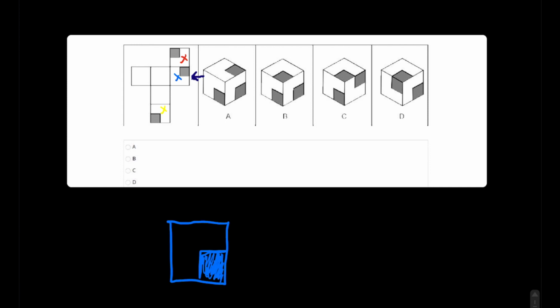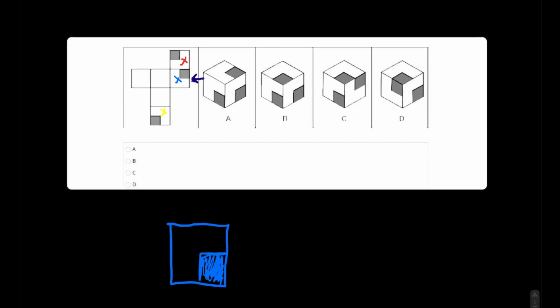But when you fold this, I'm drawing in the red square here. The red square is actually going to be shaded on the top right here. Okay, and hopefully that makes sense to you. And if it doesn't, seriously, just get some Post-it notes and physically fold this. But that's how it's going to look.